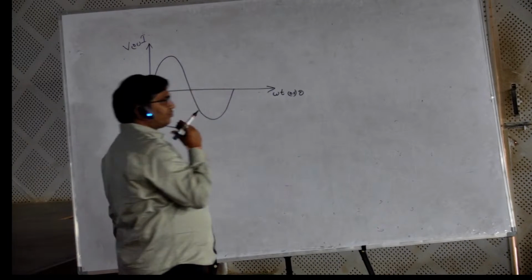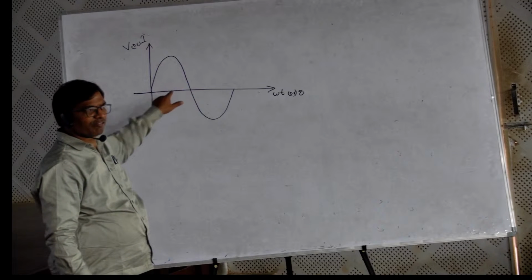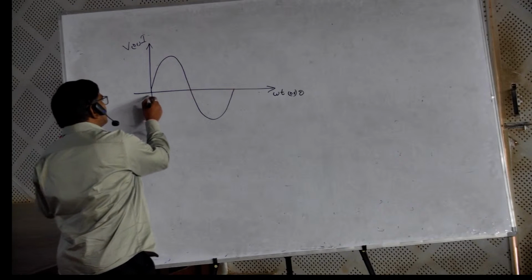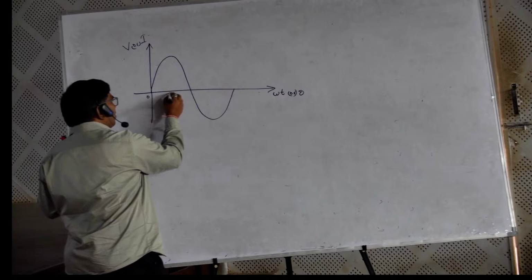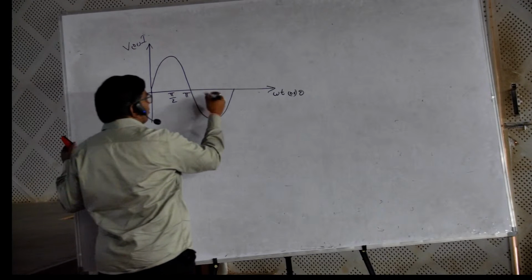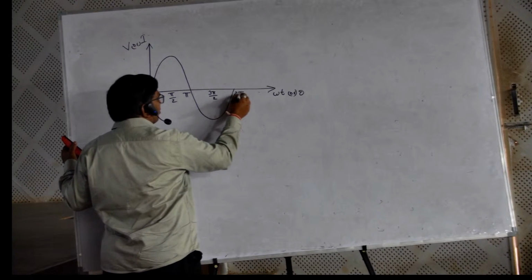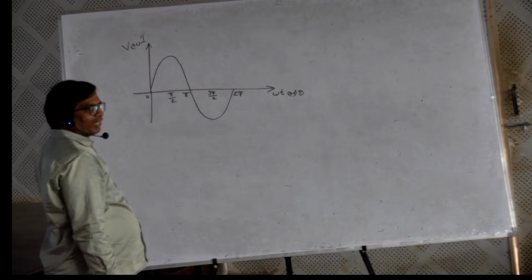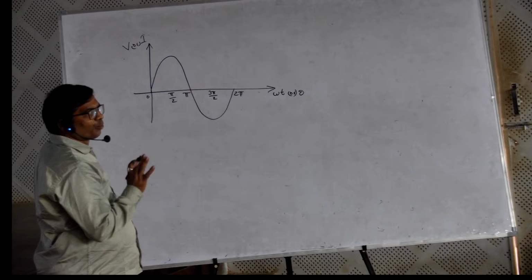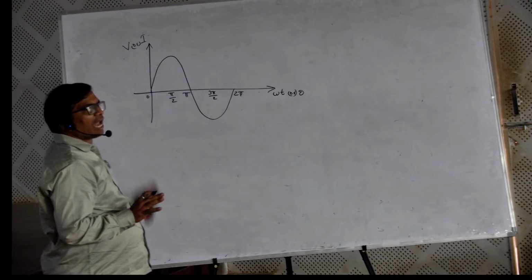It is a sine wave. You know sine wave? Sine 0 is 0, sine 90 is 1, sine 180 is 0, sine 270 is minus 1, and sine 2 pi is 0. So generally, an alternating wave.